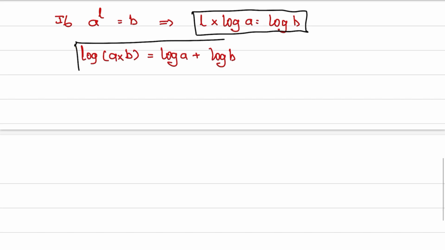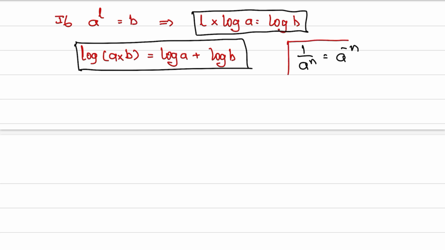And remaining, converting the powers, I have already told you, 1 by A to the power of n is equal to A to the power of minus n. This also please make a note. These formulae are required and should be handy for you so that you can apply them in the examination and get the result in less than a minute.